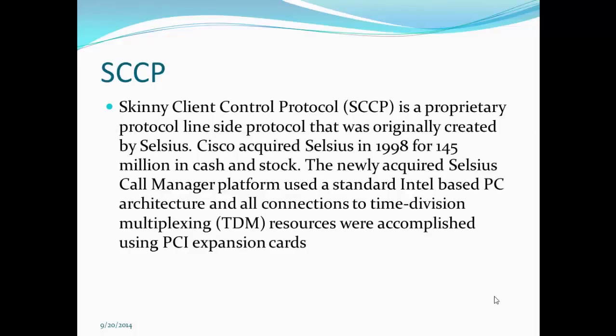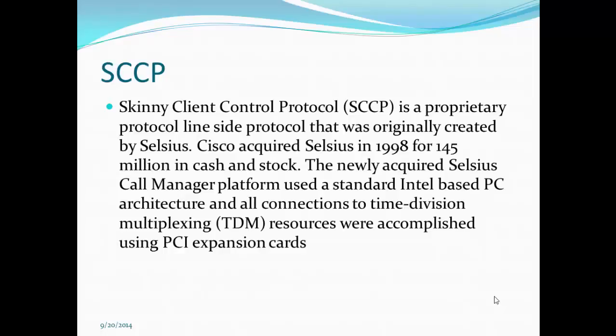The next signaling protocol that we're going to talk about is the Skinny Client Control Protocol, or people usually call it the Skinny protocol. It's a proprietary protocol that was originally created by Selsius. Cisco acquired Selsius in 1998 for 145 million in cash and stock.